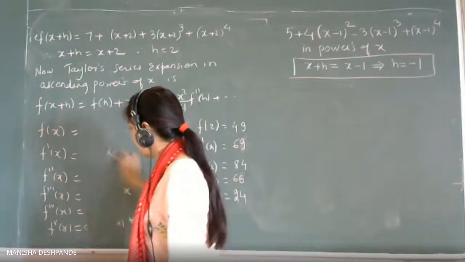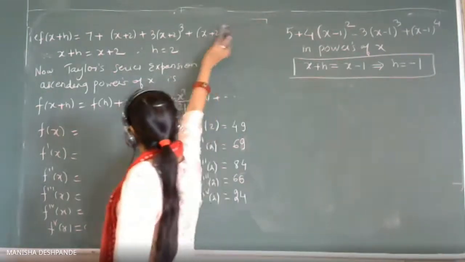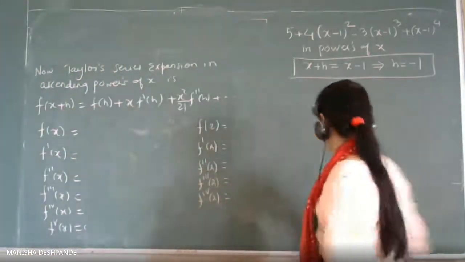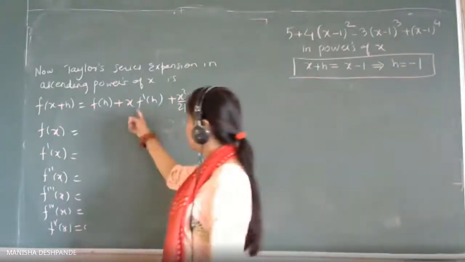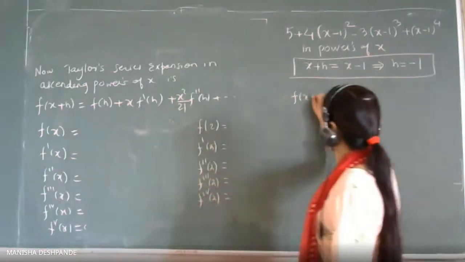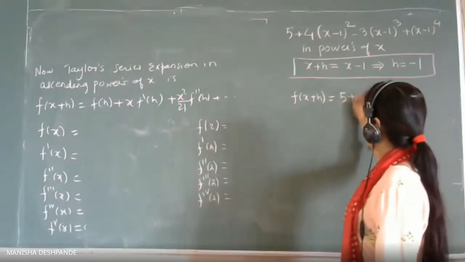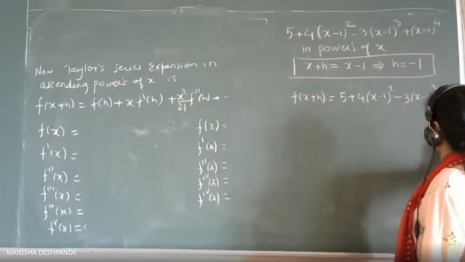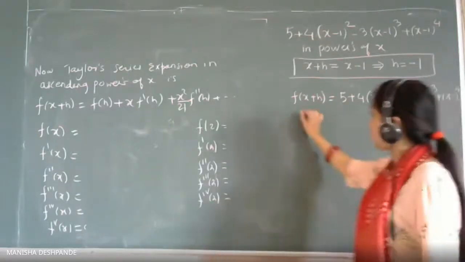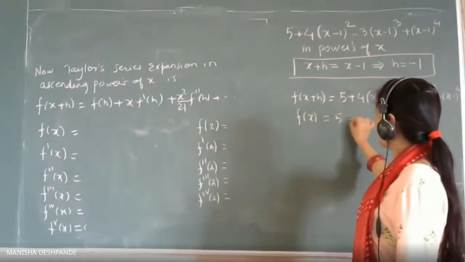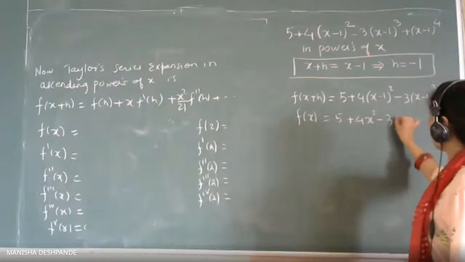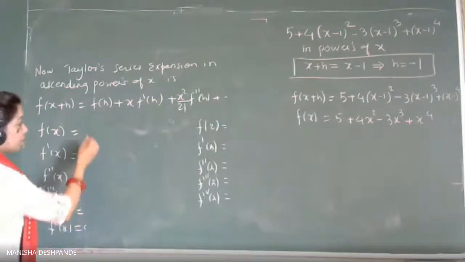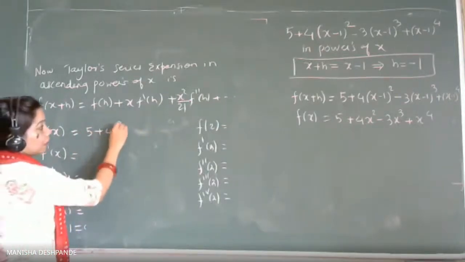The formula that you're going to use is the same. f of x plus h is nothing but your given function, 5 plus 4 times (x minus 1) square, minus 3 times (x minus 1) cube, plus (x minus 1) raised to 4, and therefore f of x will be 5 plus 4x square minus 3x cube plus x raised to 4.